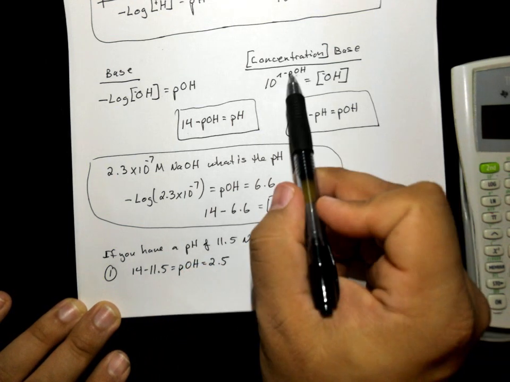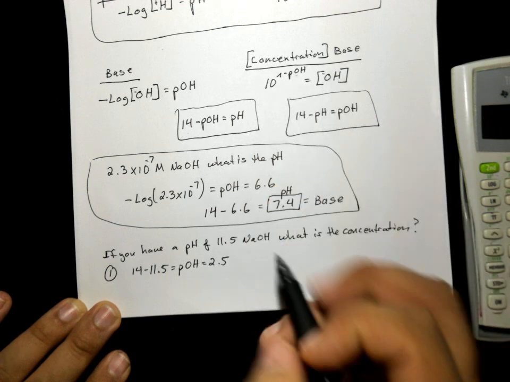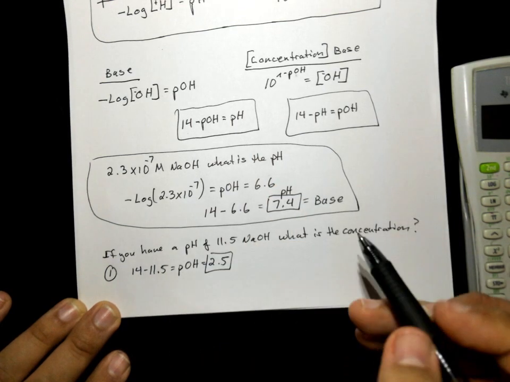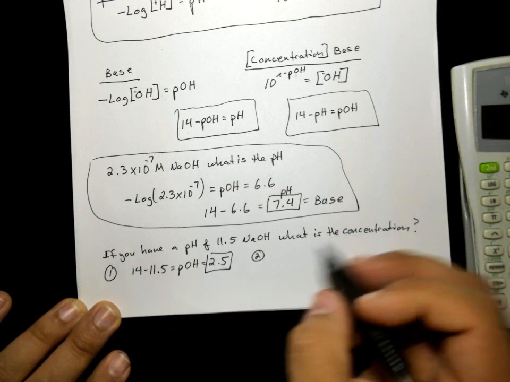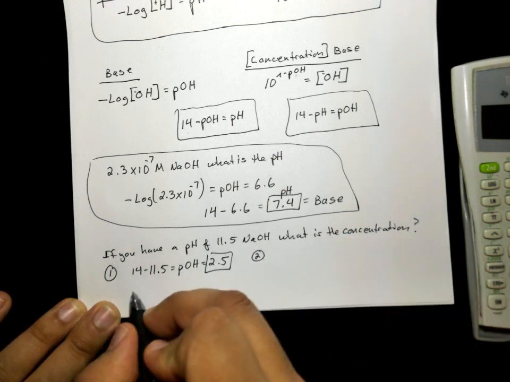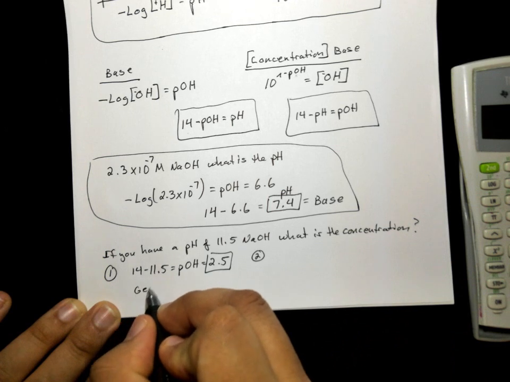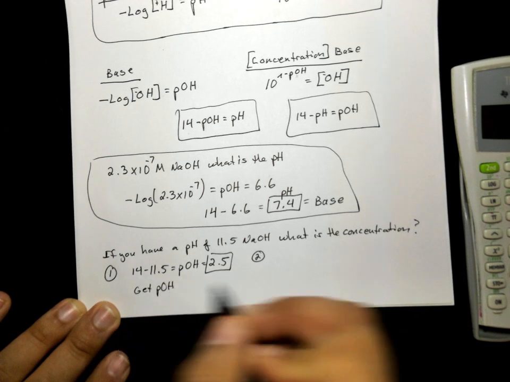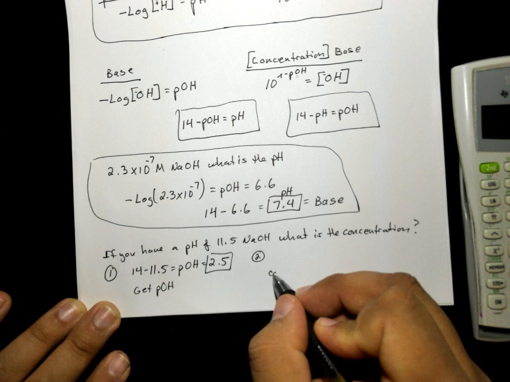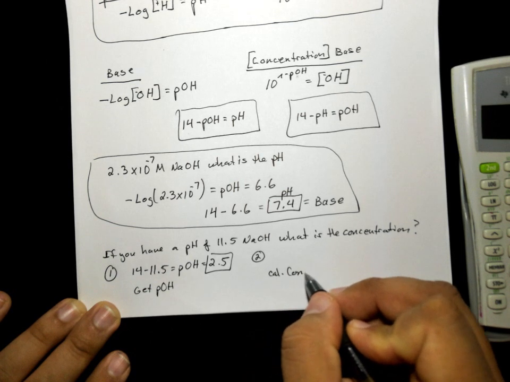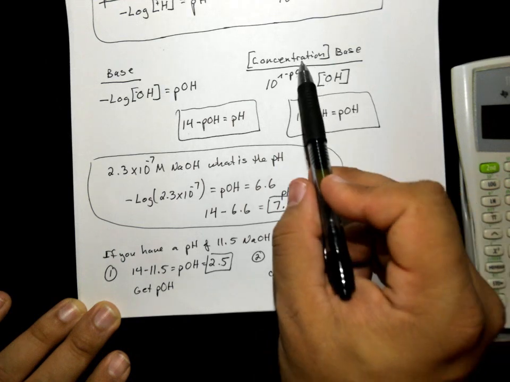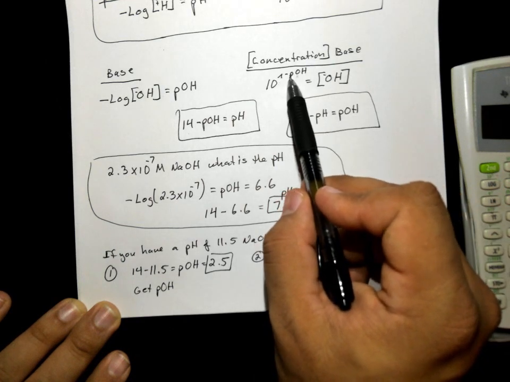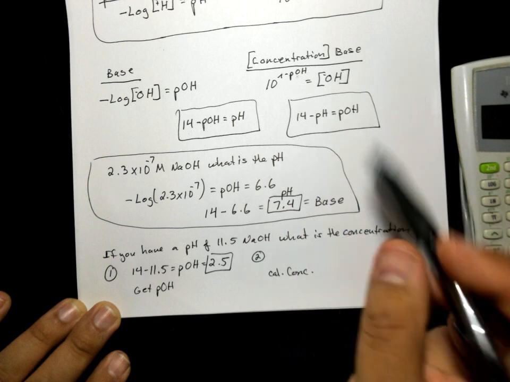So now I have my pOH, okay? So step 2, now I can convert it to concentration. So step 1, get pOH. Step 2, calculate concentration. Okay? So how do we calculate the concentration? We're going to go 10 to the negative pOH, and that gives me the concentration.